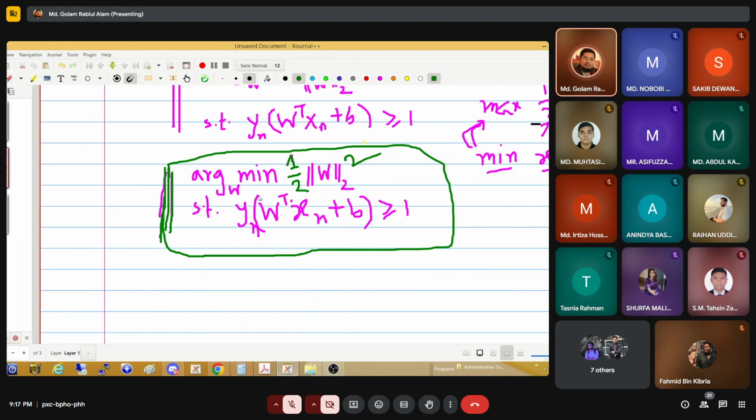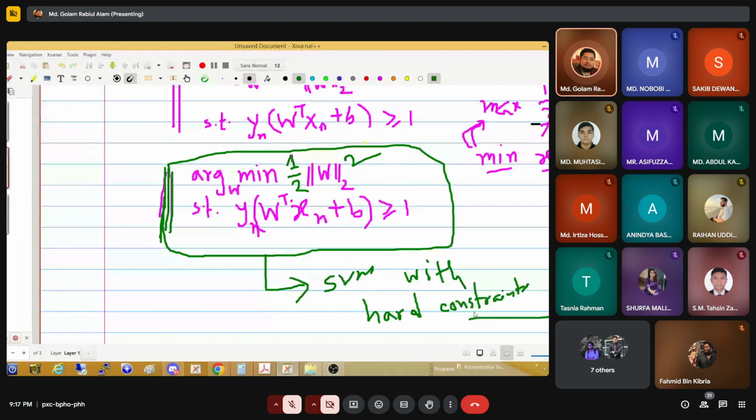That means our support vector machine problem. This problem usually we call support vector machine, SVM, with hard constraints.